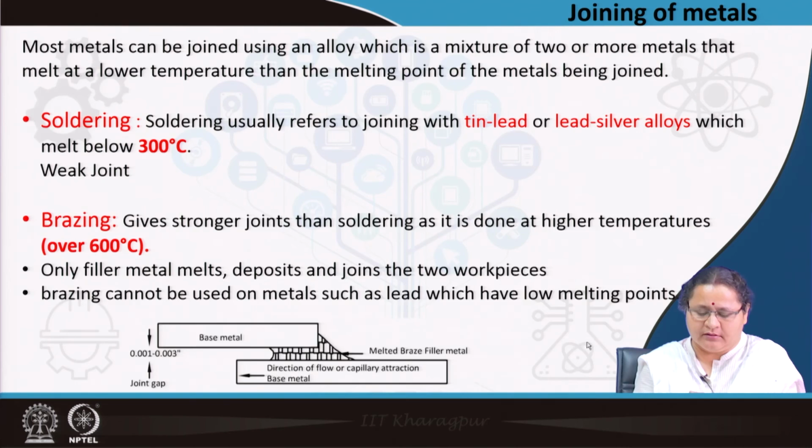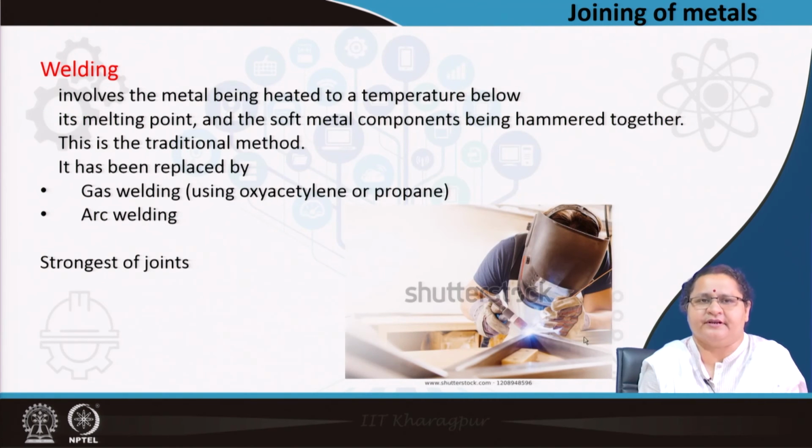But welding is a little different. What is happening in welding? Here the metals to be joined are heated to almost their melting point, and when they become soft, the two pieces are hammered together. That is the traditional way of doing it.